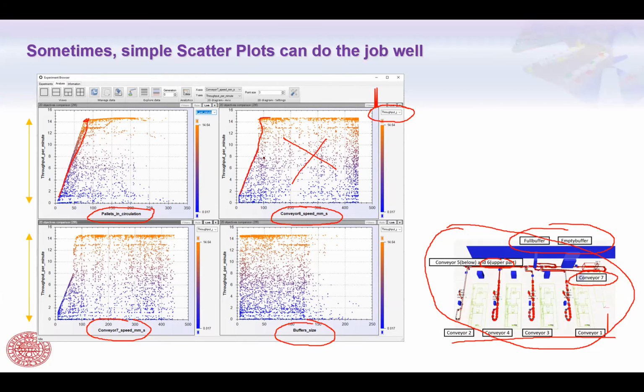Thank you for asking me this. So for example, when we increase the speed of conveyor 6, the throughput will increase, and the optimized points should be the orange points on the top of the graph. It shows us.